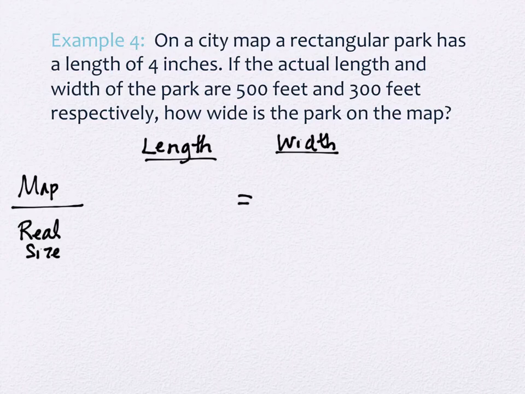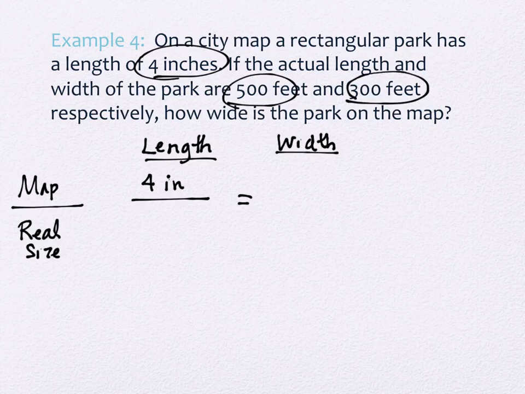Okay, so what do we know? It says that on the map, the park has a length of 4 inches. So our map is the top and the length is the left, so this is 4 inches. Right? So that's this piece. And then it said the actual width of the park and the length, the length and the width are the 500 and the 300.